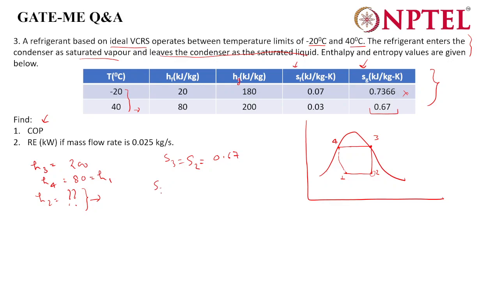So S2 is equal to SF plus X SFG. So what is the SF value? This is the SF, right? For minus 20 degree. And what is the SFG? You have to take the difference SG minus SF, then SFG would become.